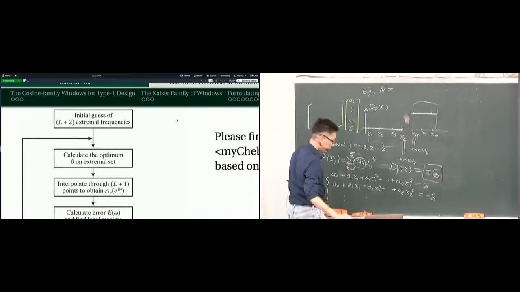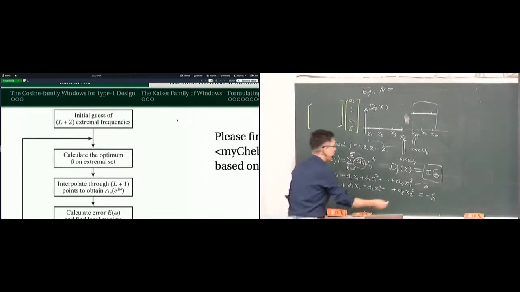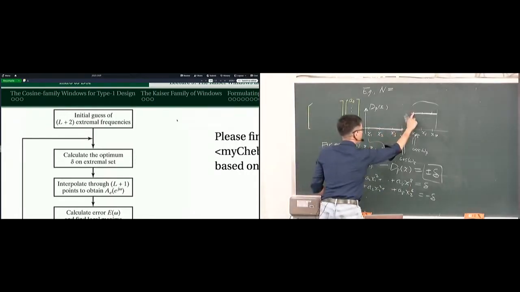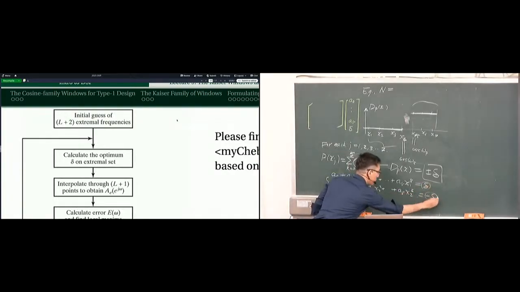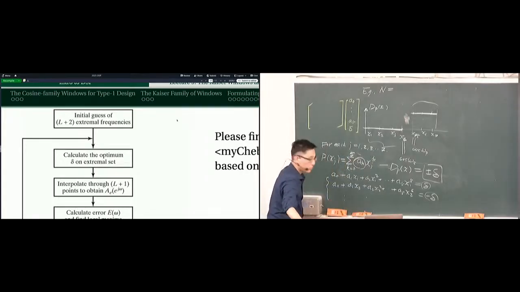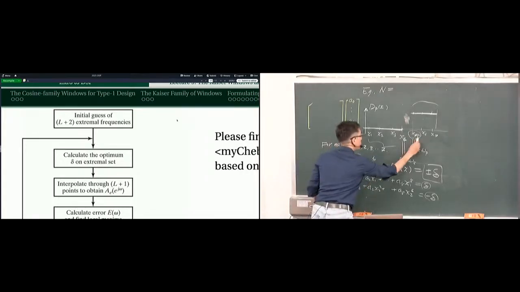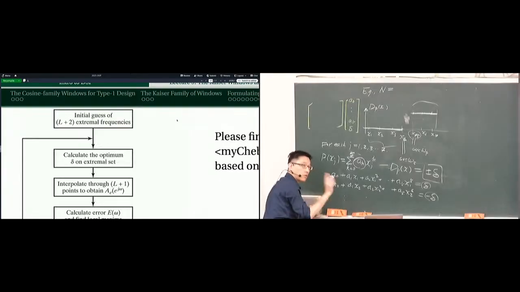I'm sorry. Let me write a few more. So delta, minus delta, then 1, 2, 3, 4. The fifth one now needs to approximate the pass band. These are the stop band, stop band plus or minus delta. In the pass band, let me focus on this one. This fifth place is already in the pass band.